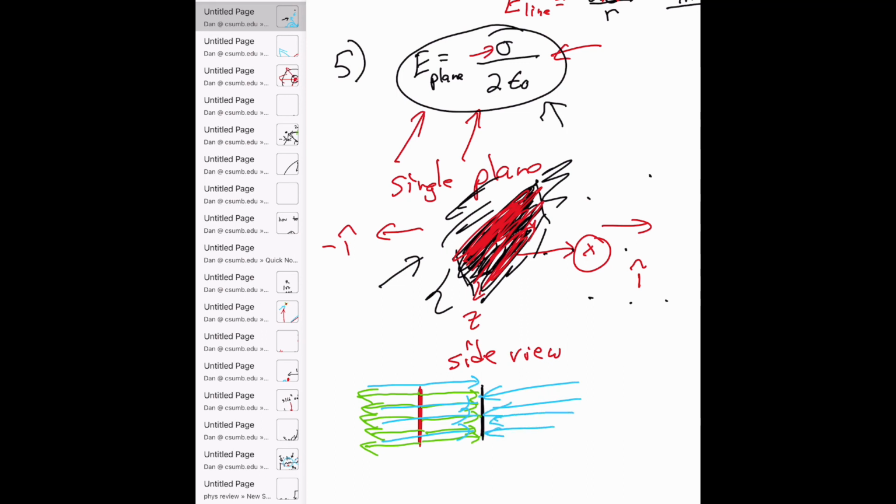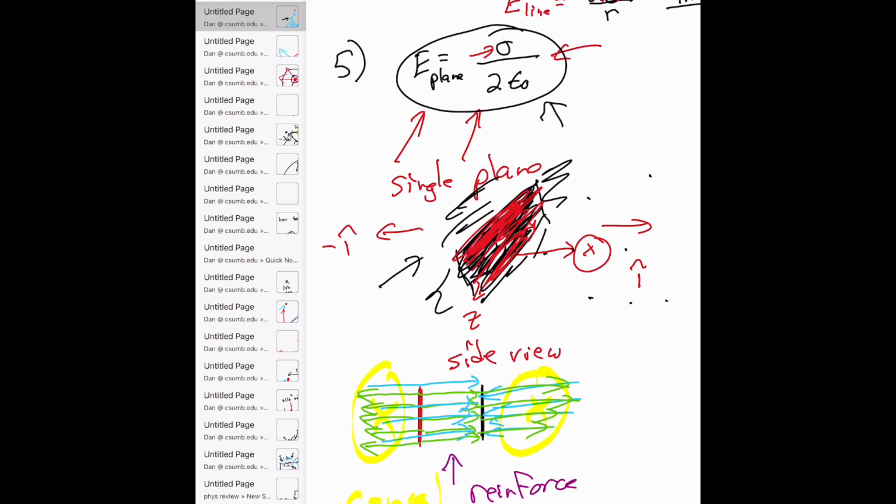And I should have drawn that these green ones continue over here too. So if you look at the regions outside of the planes, out here and out here, the 2 cancel. In between, which is here, they reinforce.